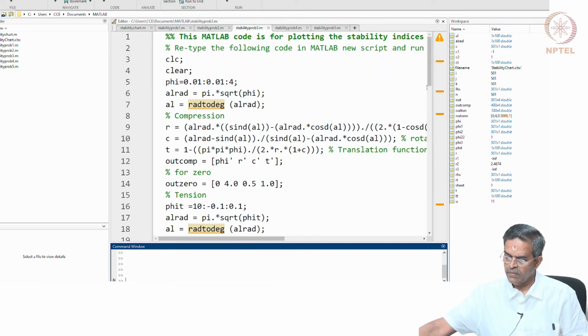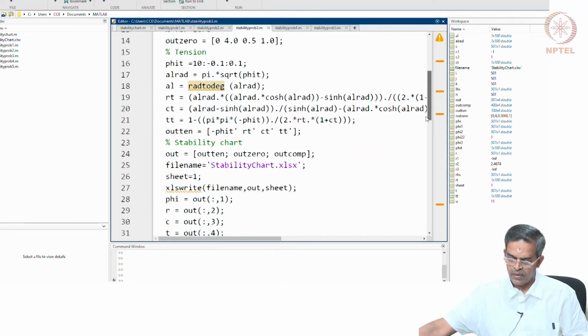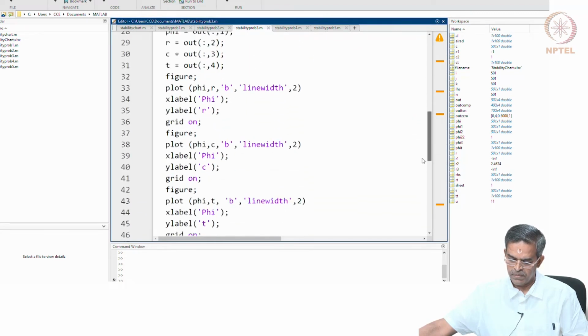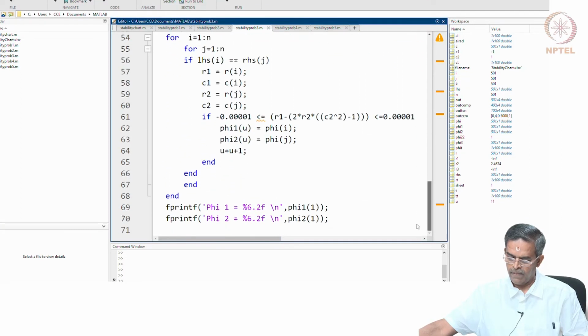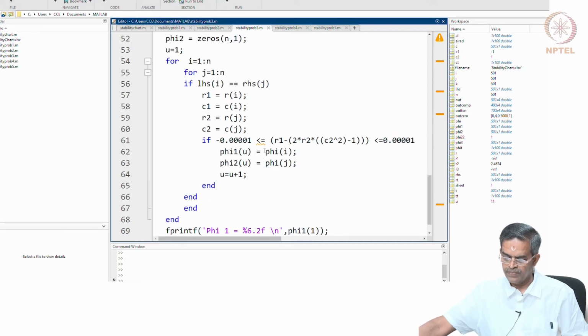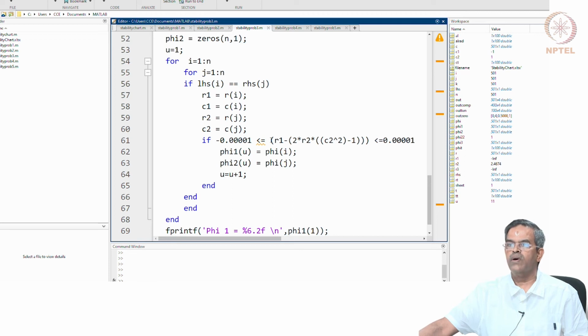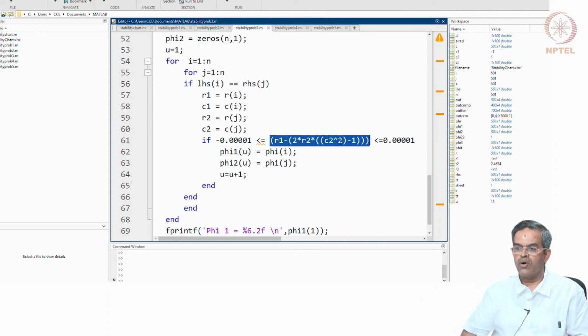You can see here the control equation is this: R1 minus 2R2 times (C2 square minus 1) should be set to close to 0.